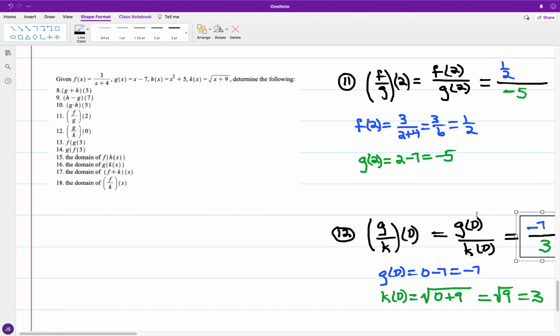Right. Now, for number 13, we're looking at the composition of functions f and g, where the value of the input x is 3.